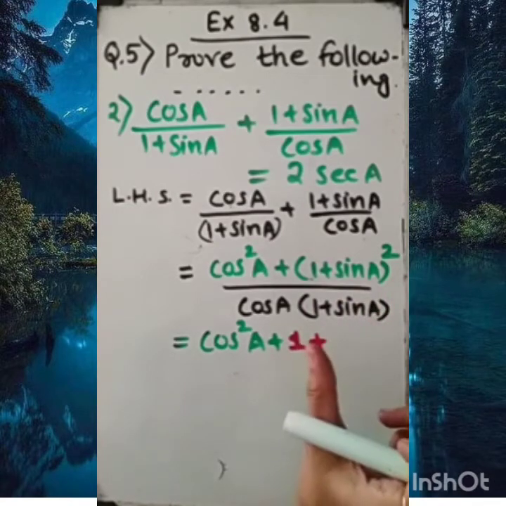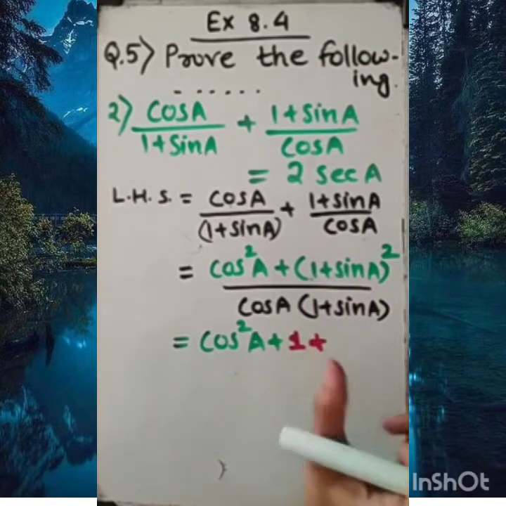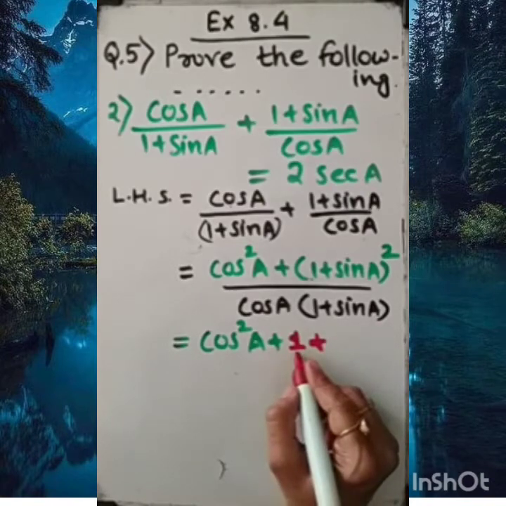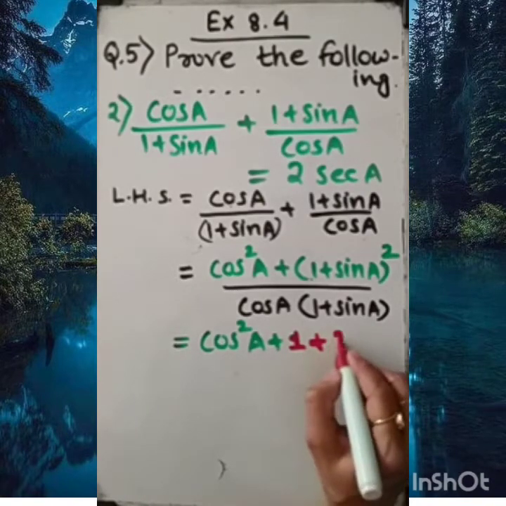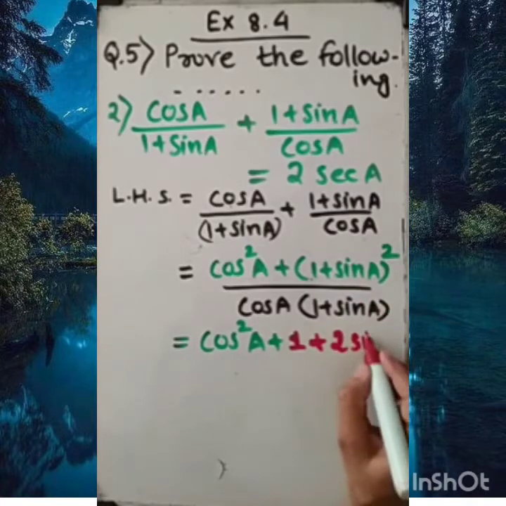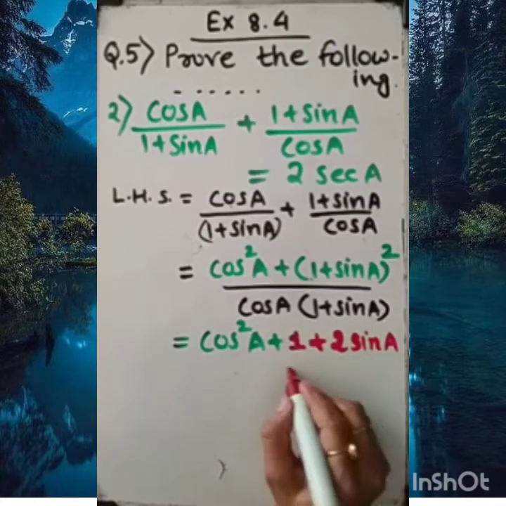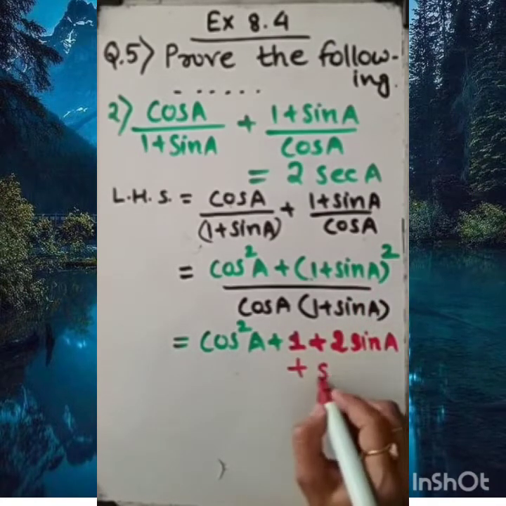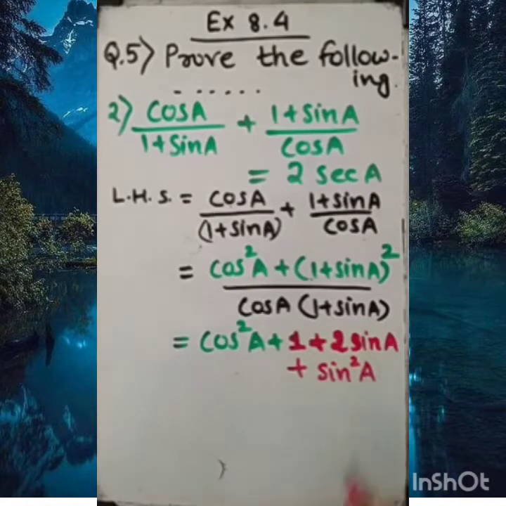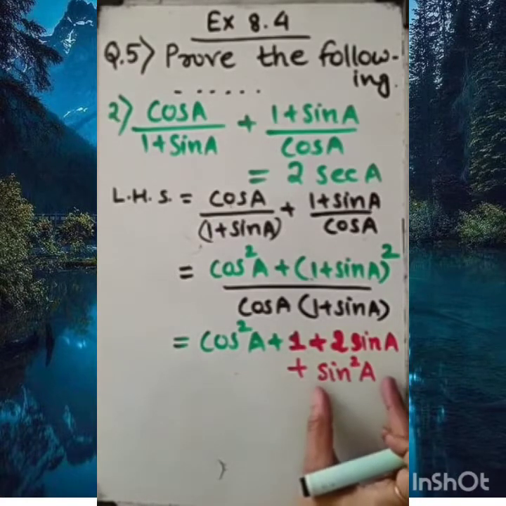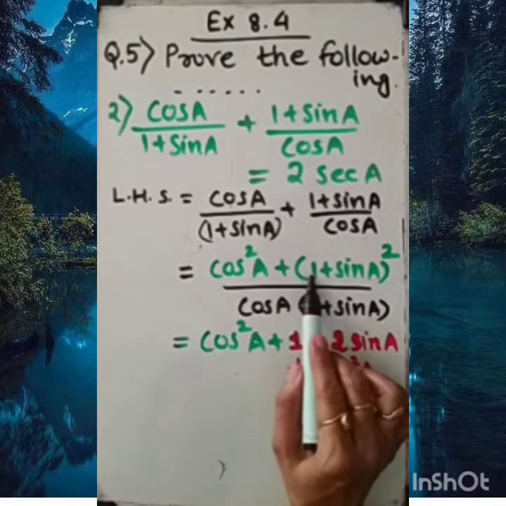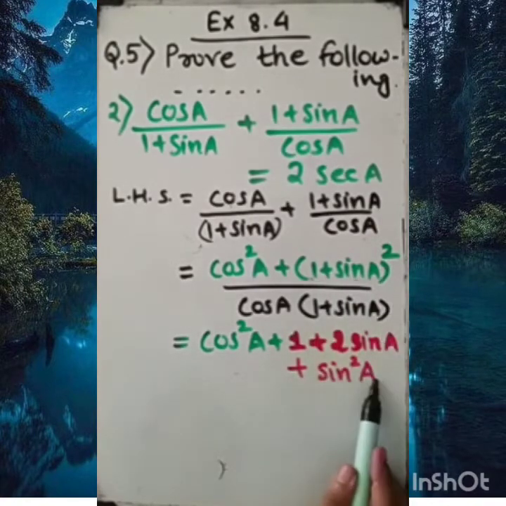The simplification will be the square of the first number, that is 1, then 2 into 1 into sin A, that is 2 sin A, and plus B square, which means sin square A. This is how I applied the first identity. Dear student, you need to give yourself the habit of doing this directly. So here I have directly applied the identity A plus B whole square for this term.